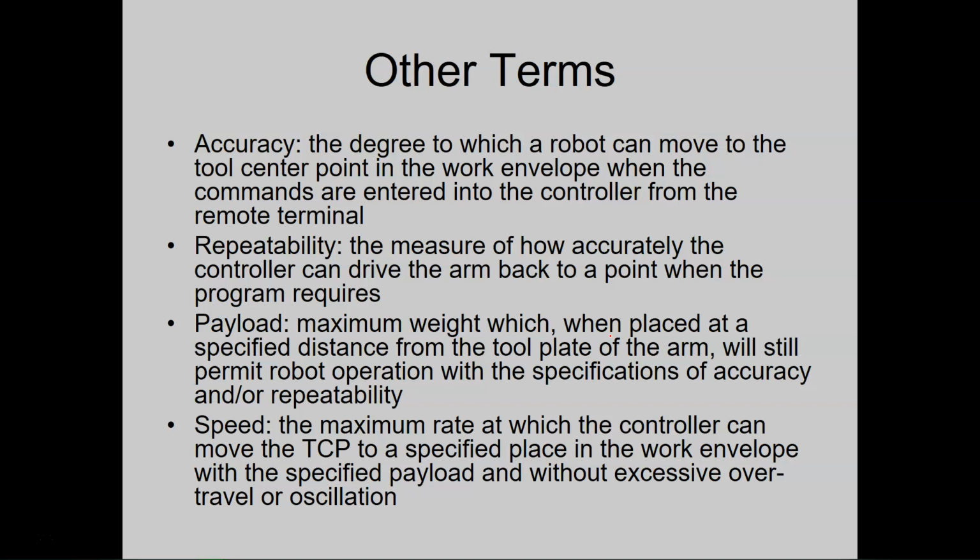Can it do it in high accuracy so that you get it exactly where you want, how you want it, without it having to do a lot of fuss and travel. Repeatability is how accurately the controller can drive the arm back to a point when the program requires. So kind of like how well can you drive back and forth to one place? How accurately can you do that drive? That's your repeatability.